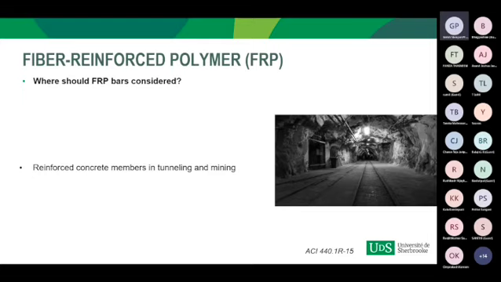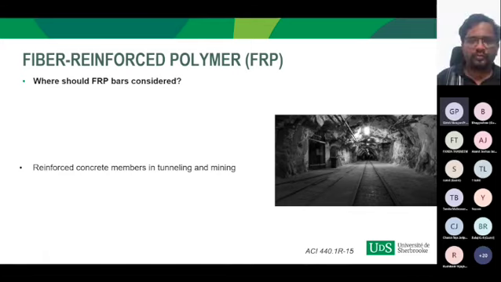Nowadays, I think there are many projects using FRP bars in tunnel and mining sections. They call it an FRP rock bolt, or you can also call it an anchor bolt. These are also used in India, because I was talking to a student from India, and he was telling me that nowadays they are using FRP bars as anchor bolts when they are doing tunneling for the metro.